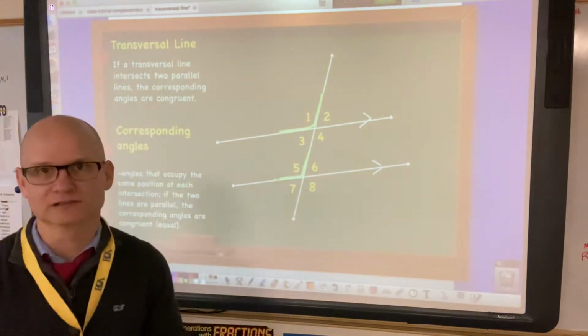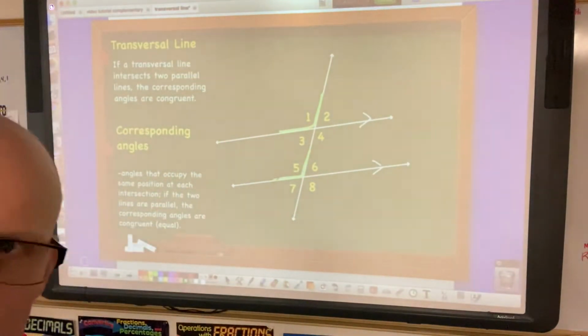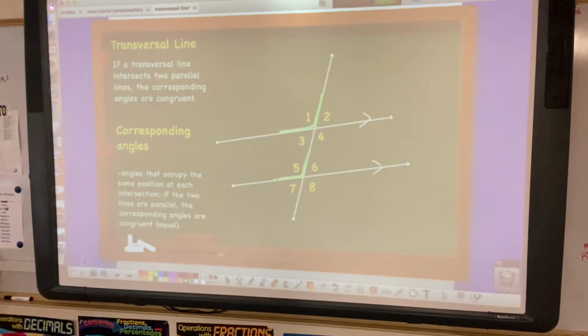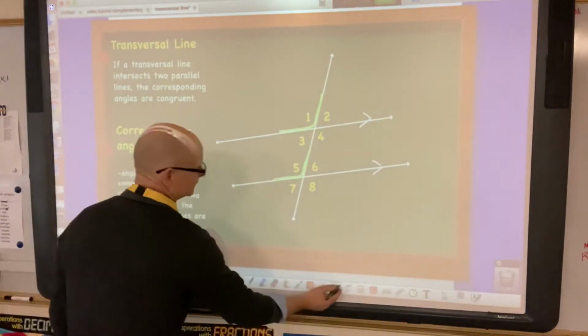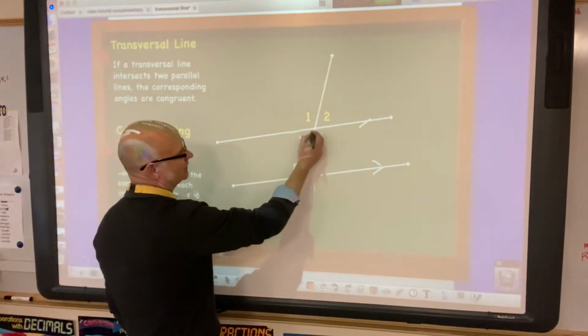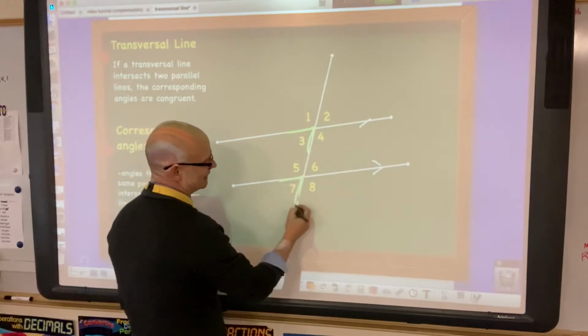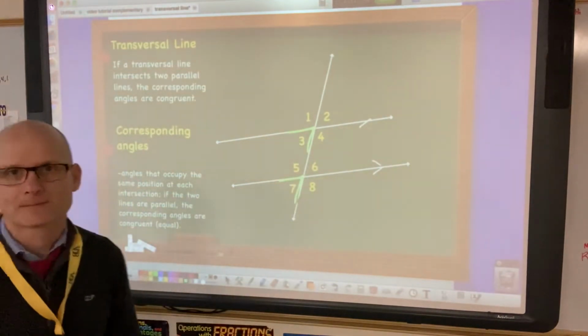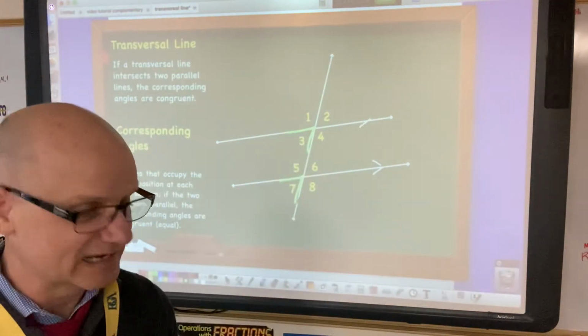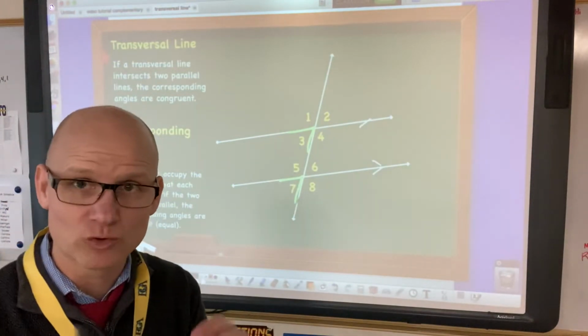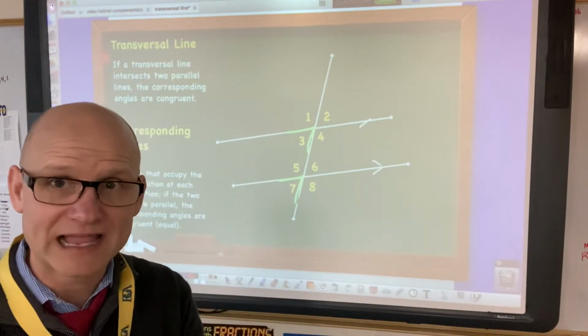They are congruent. And you can probably look at it and go, yeah, they look the same. Likewise, angle 3 would correspond with angle 7. They are congruent. So when you have a transversal line intersecting two parallel lines, they have corresponding congruent angles.